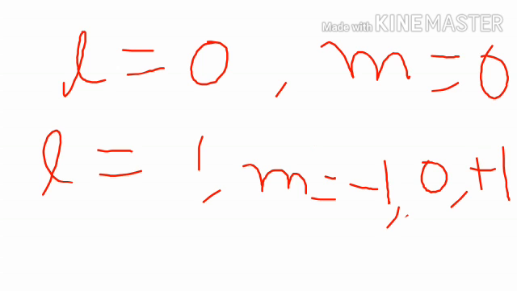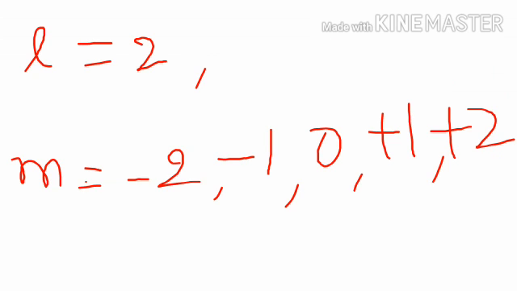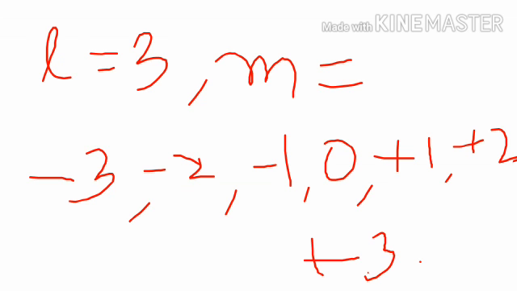For example, if l equals 0, m equals 0. l equals 1, m equals minus 1, 0, plus 1. l equals 2, m equals minus 2, minus 1, 0, plus 1, plus 2. l equals 3, m equals minus 3, minus 2, minus 1, 0, plus 1, plus 2, plus 3.